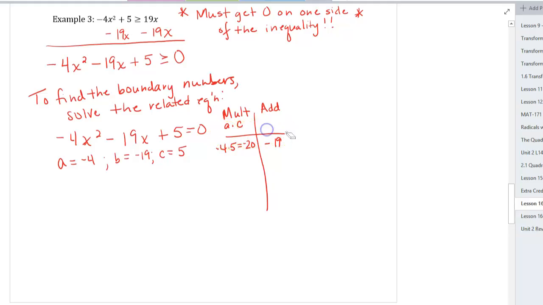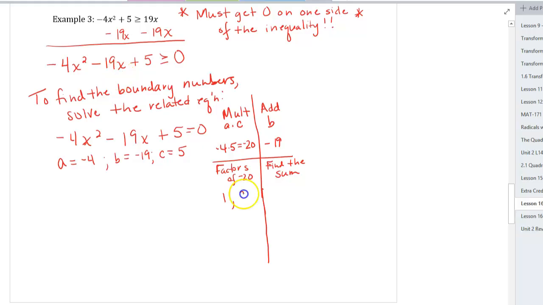So I always like to start with the 1 and the 20. So here I'm going to list factors of negative 20. So let's start with 1 and 20.